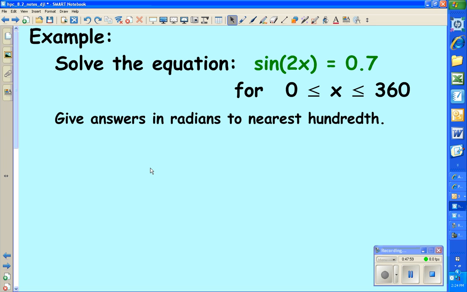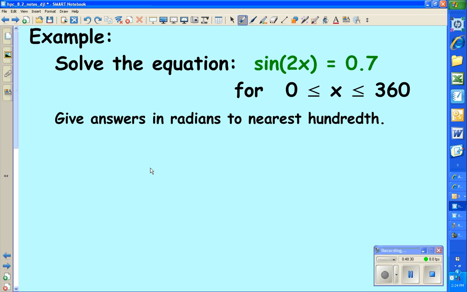Accuracy is a big problem, and more important for me, it takes forever to graph this. So I think you're going to be better served not graphing. You could graph y equals sine of 2x, and you could see, here's where 0.7 is. You can see that it's going to happen 4 times in 0 to 360.